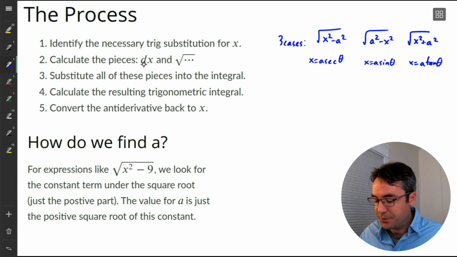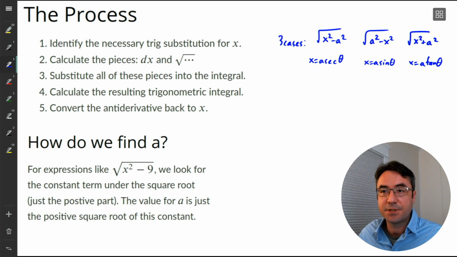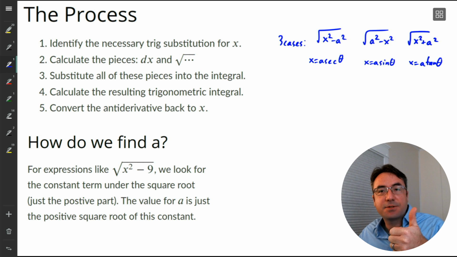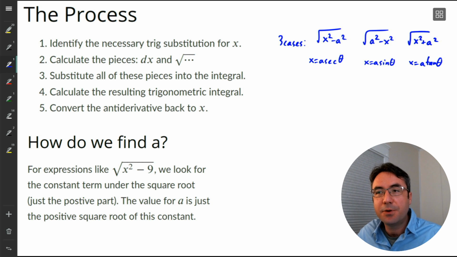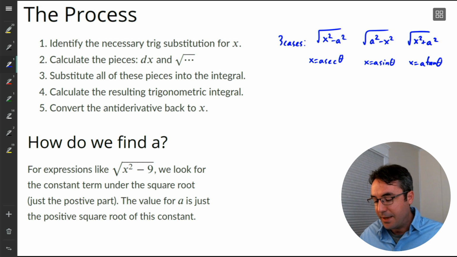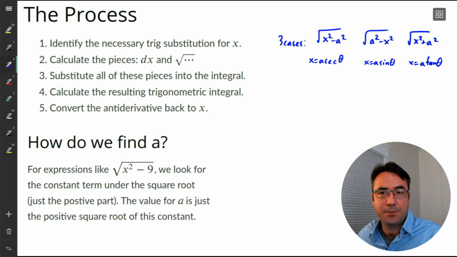All right, so that's step 2: figure out the remaining pieces for your substitution, dx and what the square root term becomes. Once you have x, dx, and the square root function, step 3 is to take all those pieces and put them into your integral. That gives you a trig integral to do.